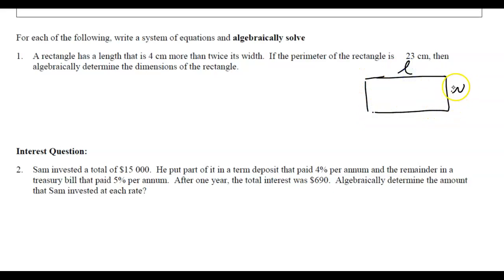This is length, this is width. Okay, so I'm going to call it L and W. You could call it X and Y. So I'm going to let L be the length. Let W be the width.